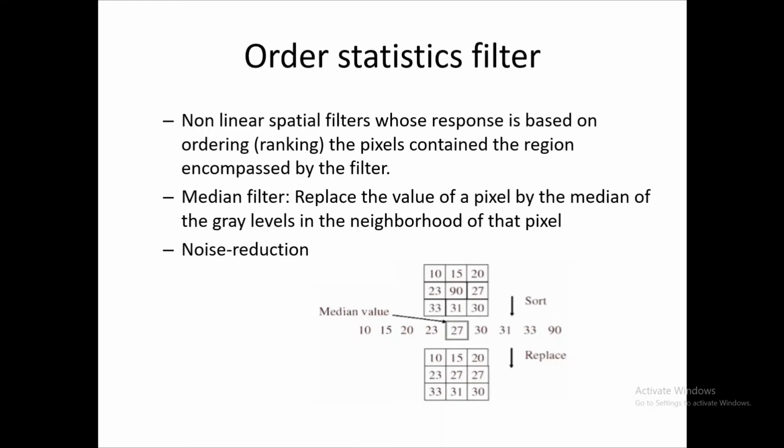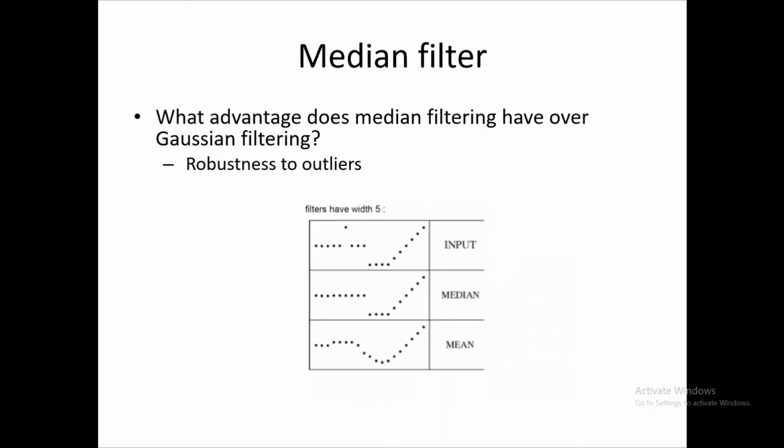We can see here we have pixel values in a 3 by 3 window or neighborhood, and we have a center pixel value of 90. In the case of the mean or average filter, we take the average of the values in this window. However, here we sort and get the median value, and the 90 is replaced by this 27. The advantage of using the median filter over the Gaussian filter is that it's robust to outliers.